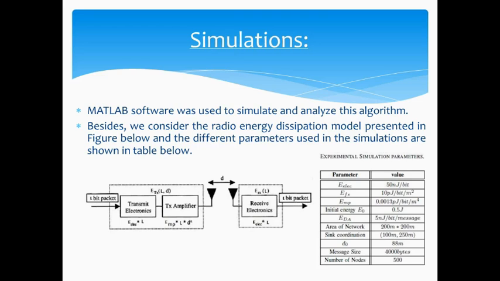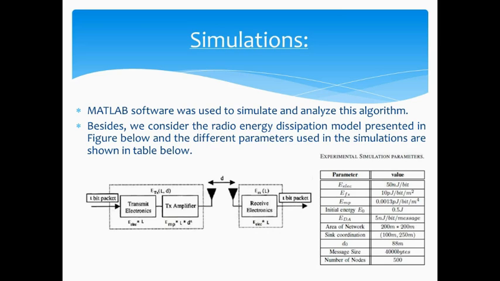The spent energy can be determined from three important factors. First is E electric, the energy consumption per bit in the transmitter and receiver circuitry. EFS is the free space model's amplifier energy consumption, and EMP is the multipath attenuation model's amplifier energy consumption.